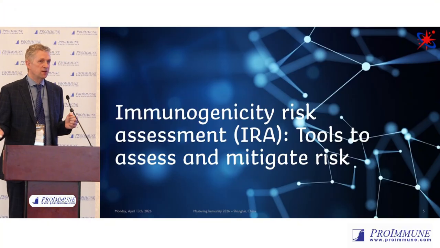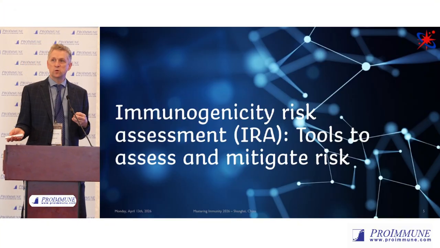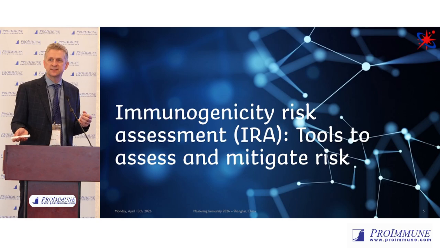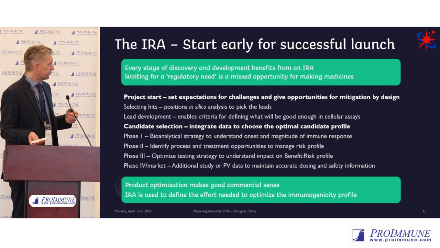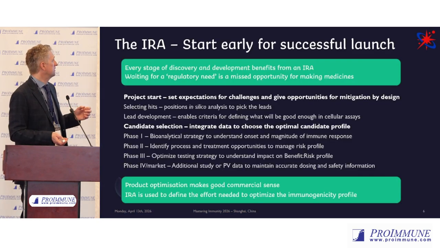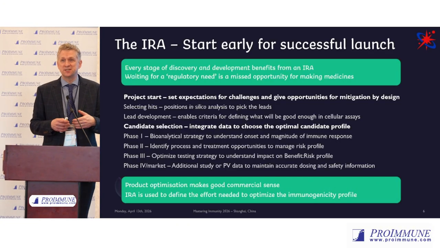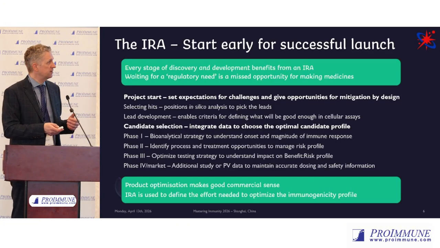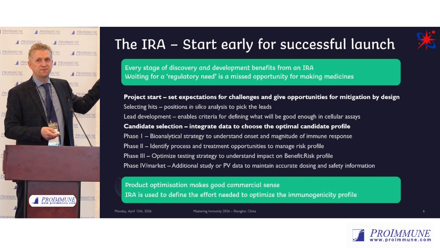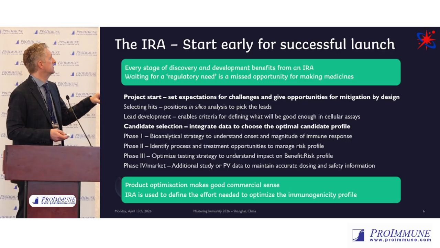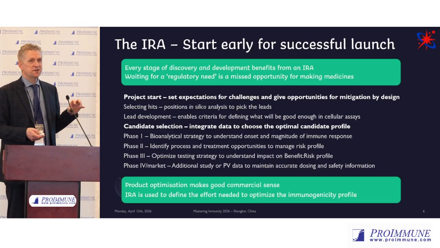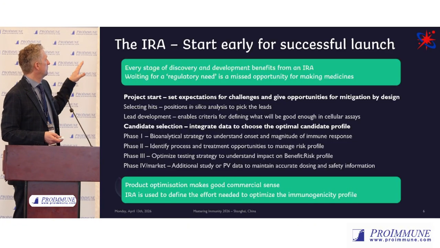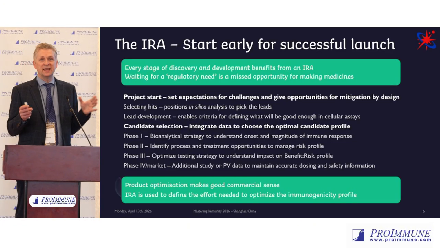So when we look at the immunogenicity risk assessment, we have quite a few tools to look at aspects of this immune response. I think, as I mentioned, the ideal position is that you start early with the risk assessment. So there are all of the different aspects of development where you can apply the risk assessment. I want to give you the message that the project start is really key.